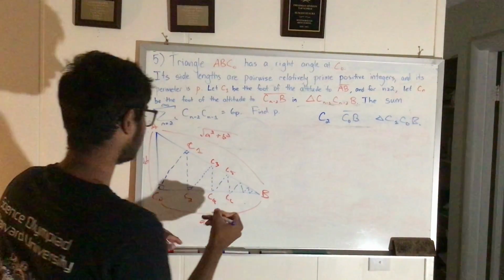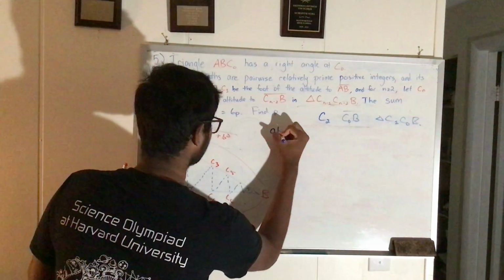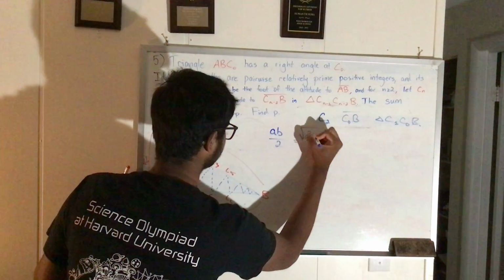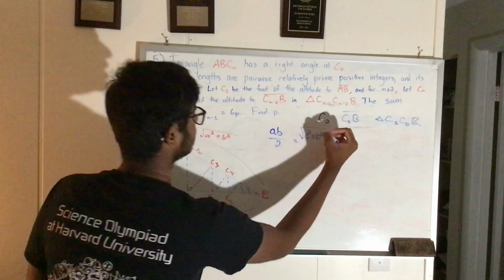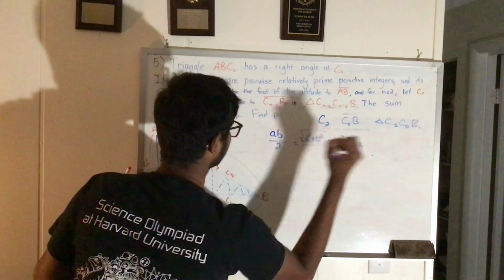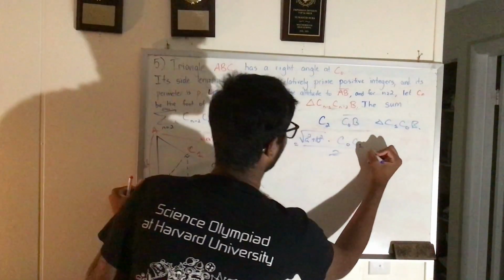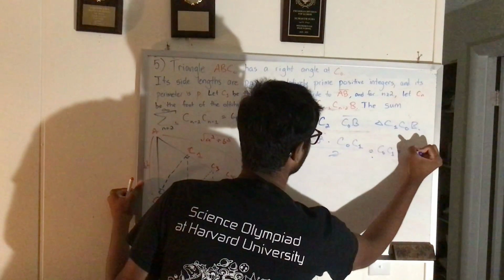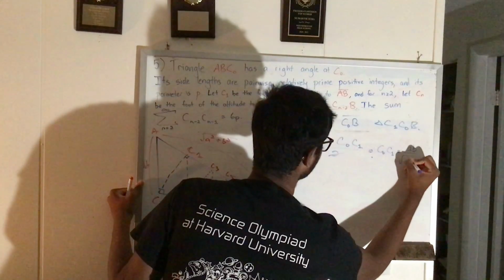And so that gives us ab over 2 equals square root of a squared plus b squared times C0C1 over 2. So simplifying here, we get C0C1 is equal to ab over the square root of a squared plus b squared.